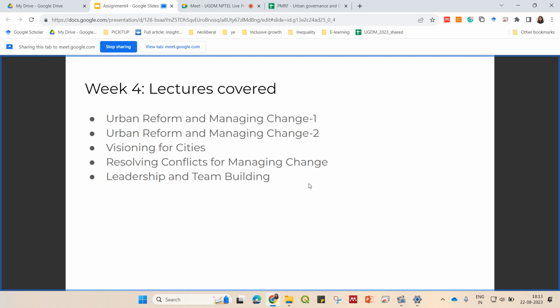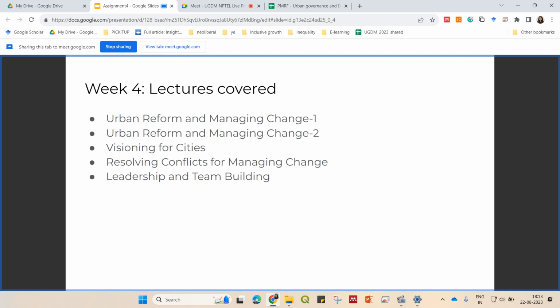In this week, the lectures that you will have covered would include urban reform and managing change, parts 1 and 2, visioning for cities, resolving conflicts for managing change, and leadership and team building. In urban reform and managing change, both parts 1 and 2, you would have studied what is urban reform, why it is needed, what are the different domains of urban reform, what comes under the domain of urban reform.